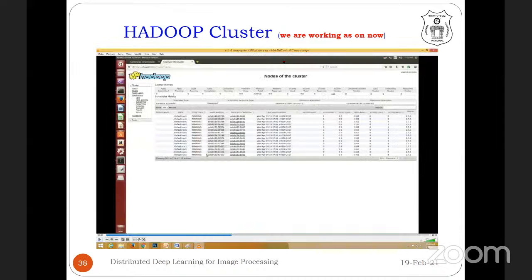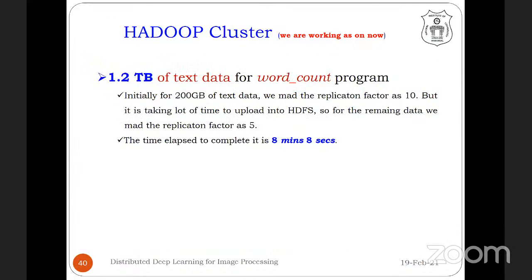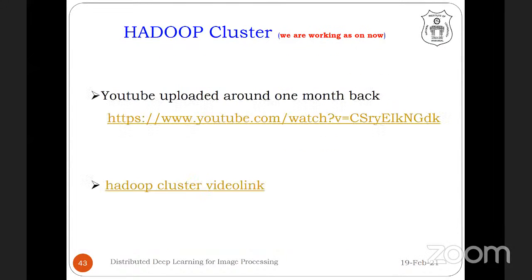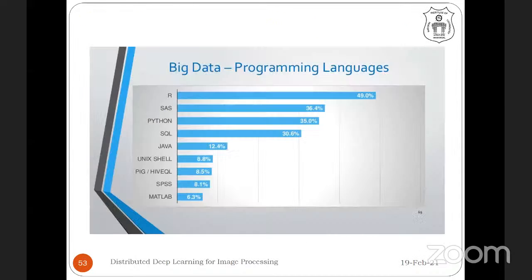And with this, we were able to create 28.3 terabytes of storage, HDFS, Hadoop Distributed File System. But actually, none of the systems in our college has more than a 1 TB hard disk. Now with the help of this cluster, we were able to make 123 TB. Initially we processed text data. After that, we started working with these images to process.